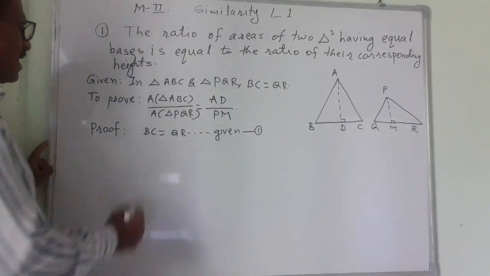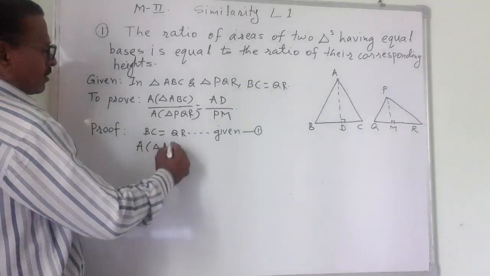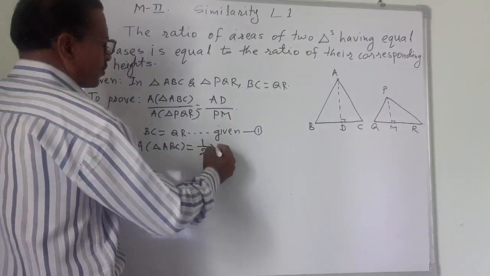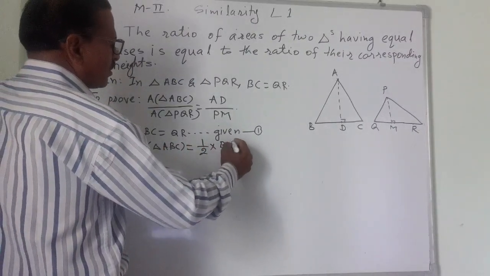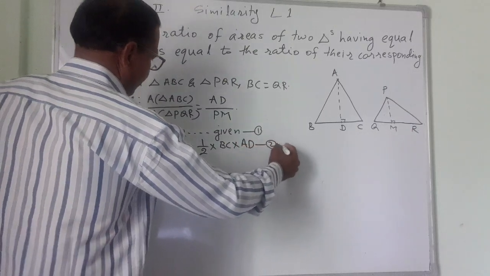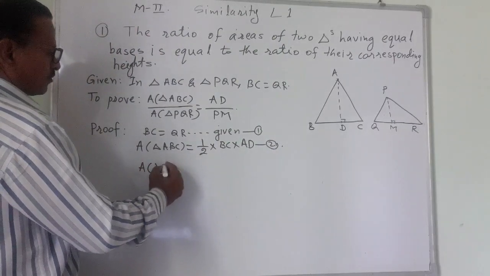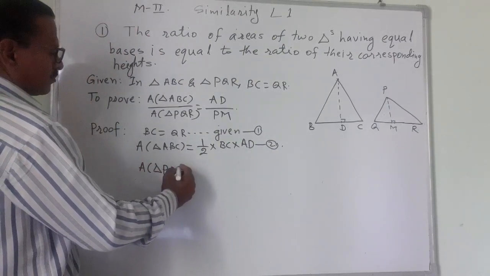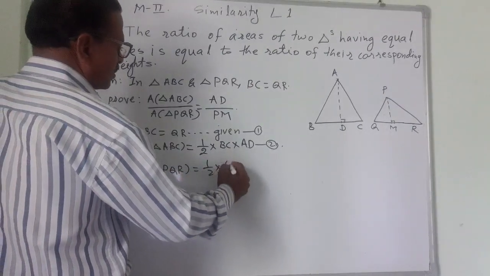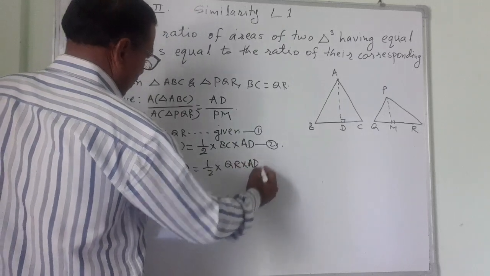Now, in the integral area we will find area of triangle ABC is equal to 1 upon 2 into its base BC into its height AD. Number 2. Area of triangle PQR is equal to 1 upon 2 into its base QR into the height PM. Number 3.